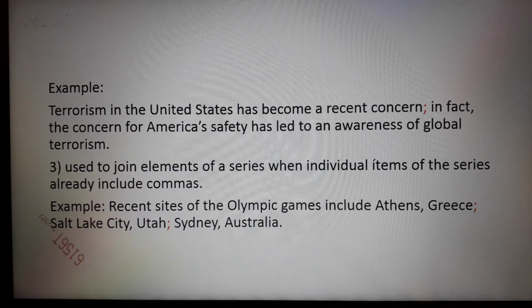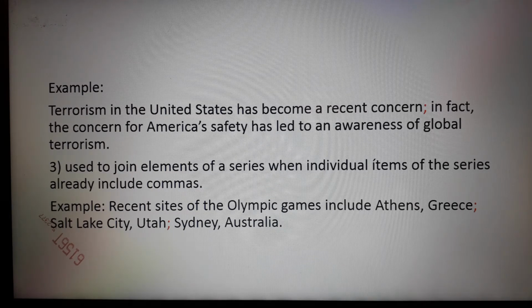The example is, recent sites of the Olympic Games include Athens, Greece; Salt Lake City, Utah; Sydney, Australia. As you can see, the city of Athens here is in Greece, so you write the name of the city and the country.